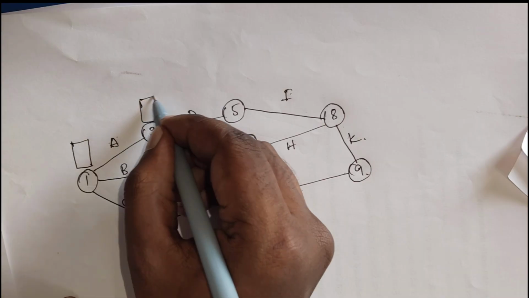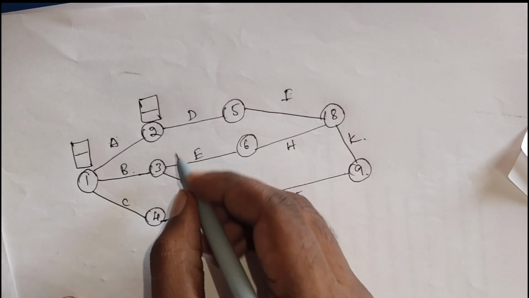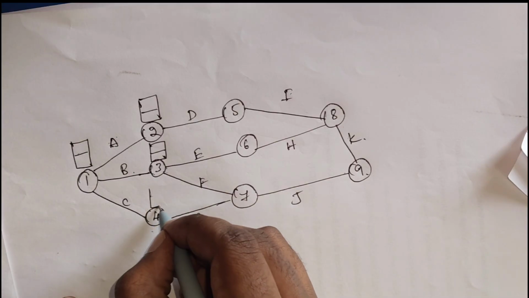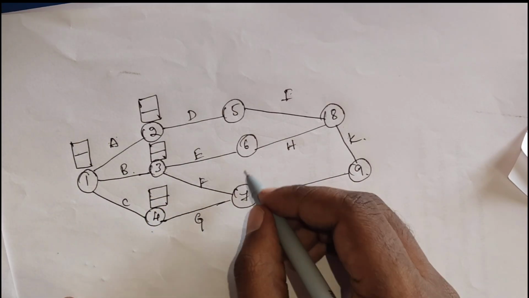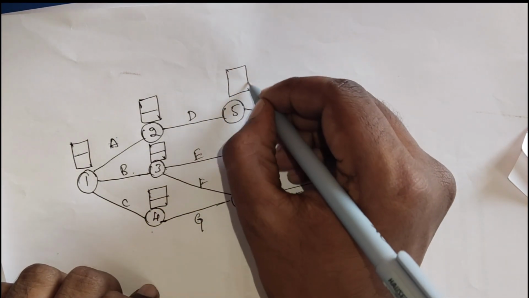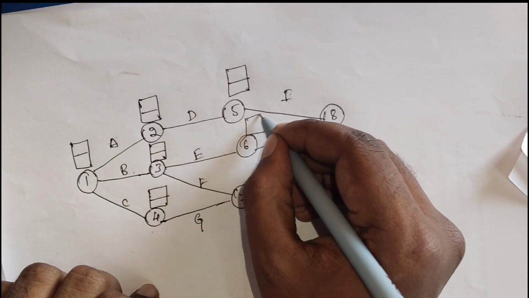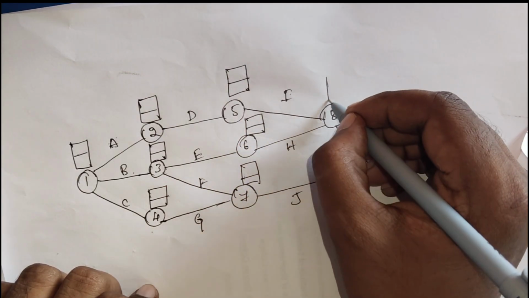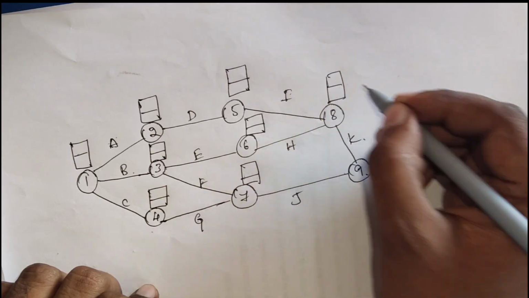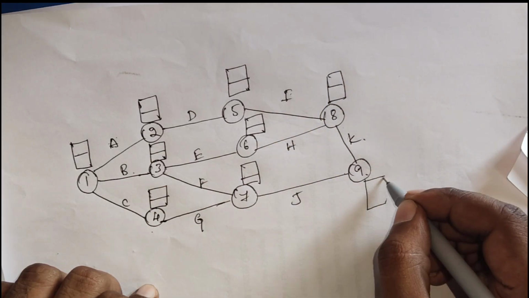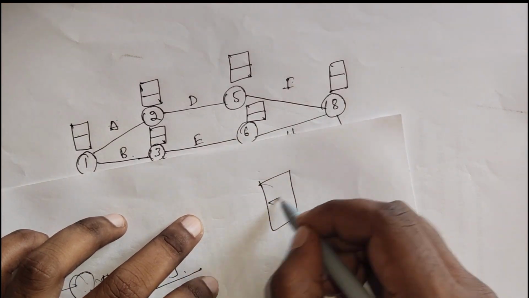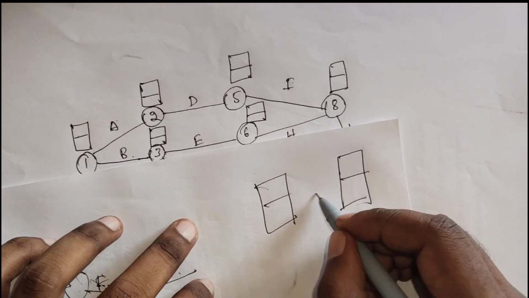A for the 2 and then 3. Okay, and then 4 and then 5, 6 and then 7 and then 8 and then 9. Okay, this is the actual body of the forward pass.